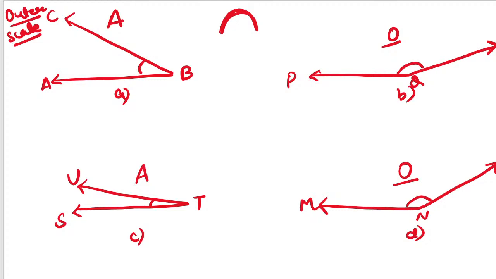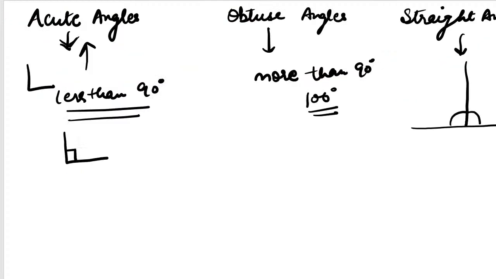No, my dear, A is not an obtuse angle because it is less than 90 degrees. We learned this: if your angle is less than 90 degrees, then it is an acute angle. But if it is more than 90 degrees, then it is an obtuse angle.